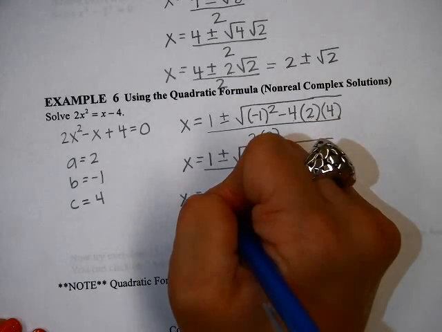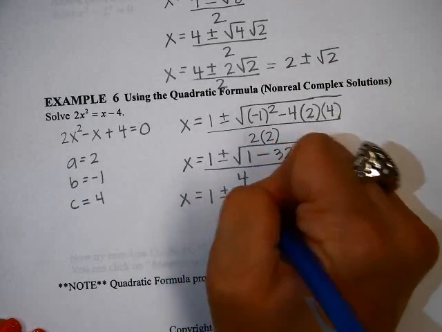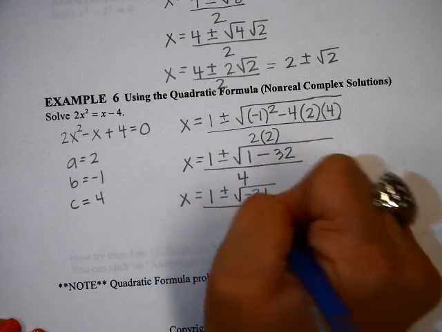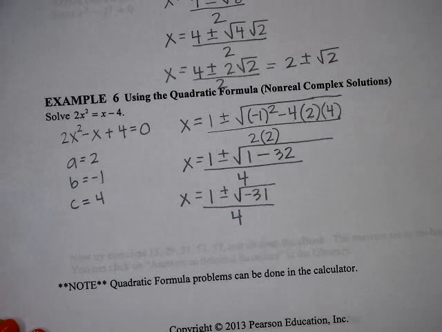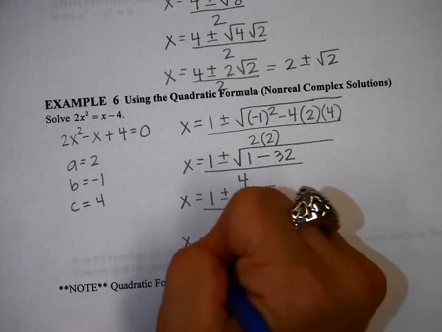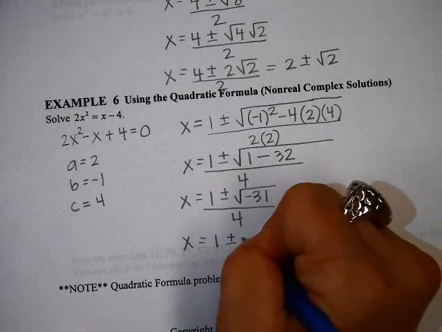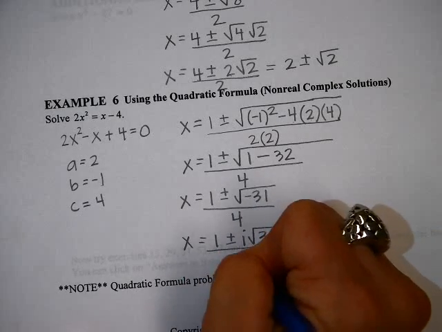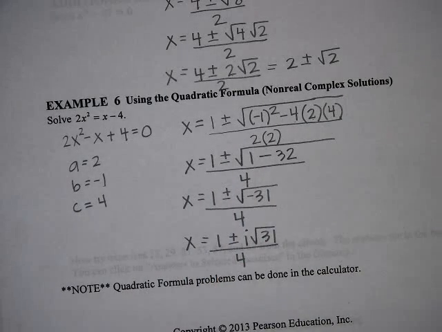Continuing, we have x equals 1 plus or minus the square root of -31, all divided by 4. You'll notice that you have the square root of negative 31. So that gives us 1 plus or minus i square root of 31 divided by 4.